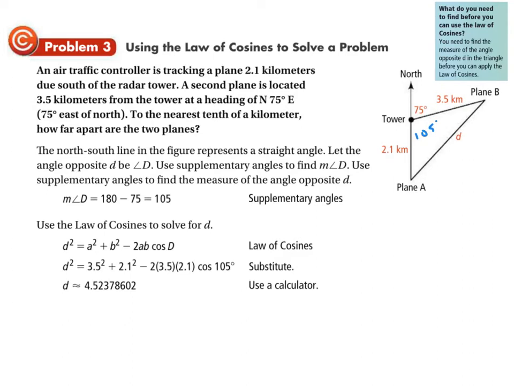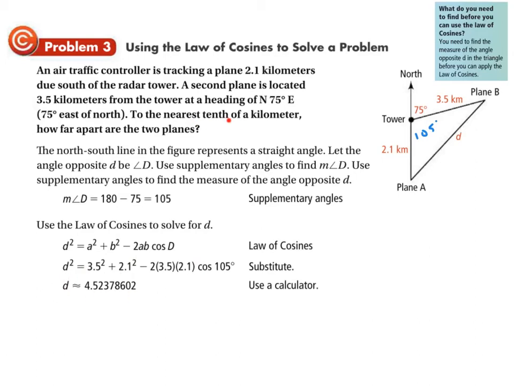And when you simplify that all out, you can type it all in your calculator and then square root the result, because if this is what d squared is equal to, you need to take that result and square root it to find what d is equal to, okay?